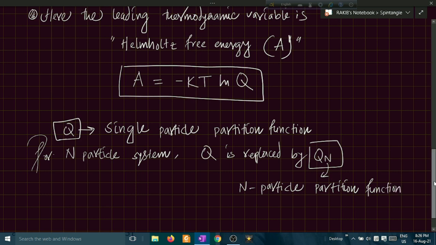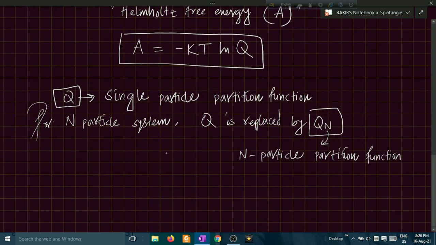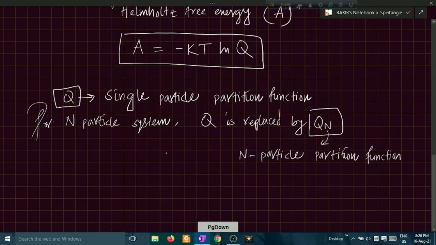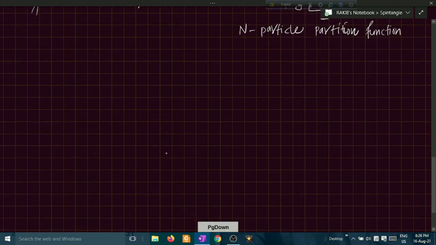Please write these things down, I will be discussing them. So this is what we call the canonical ensemble and its leading variable.